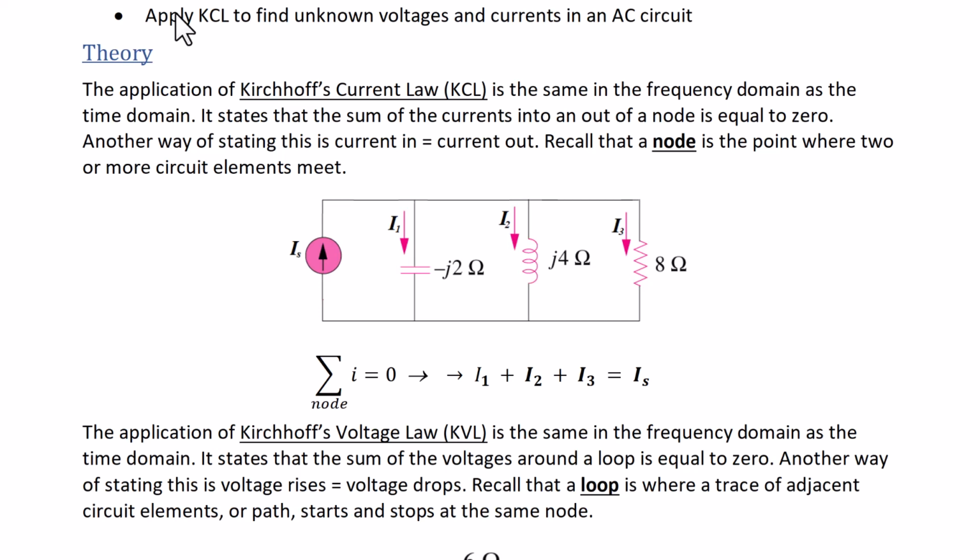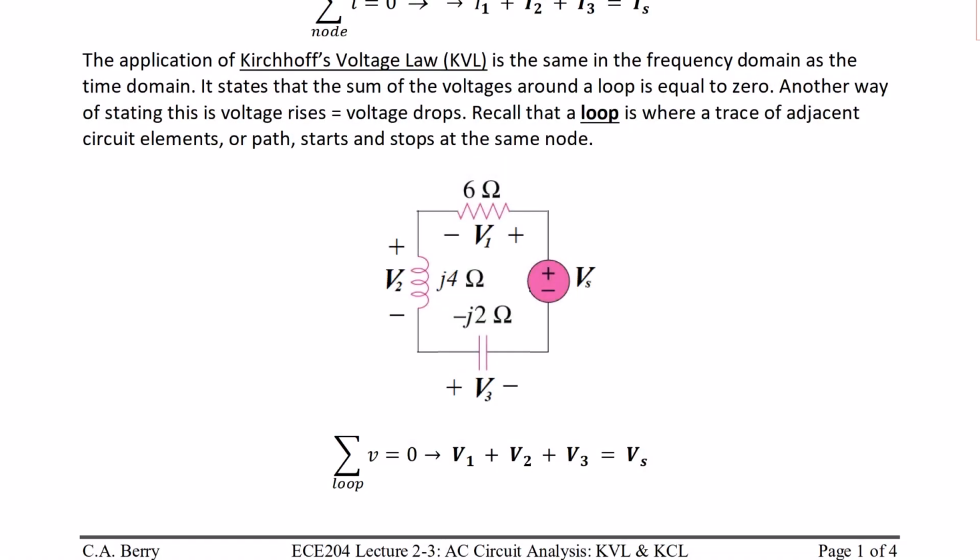The application of Kirchhoff's voltage law is the same in the frequency domain as it is in the time domain as well. It states that the sum of the voltages around a loop is equal to 0. Another way of stating that is that voltage rises equal voltage drops. Recall that a loop is where a trace of elements is connected with no node or element being included more than once.